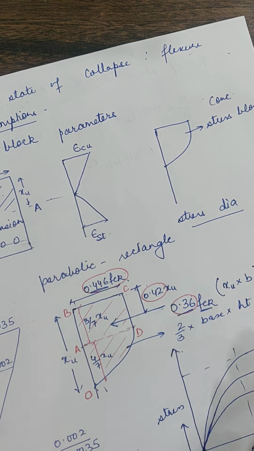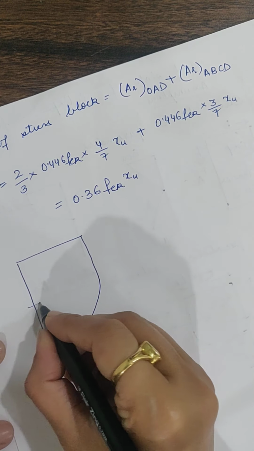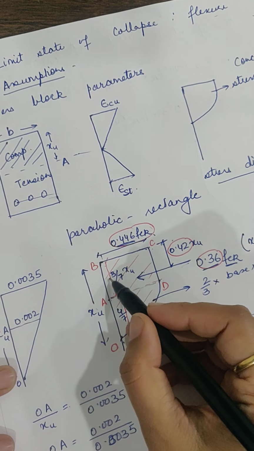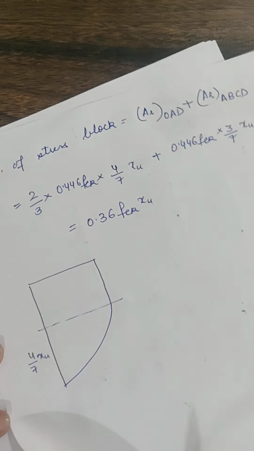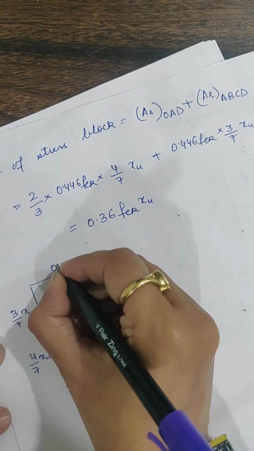Again, in order to do that, I know I have a parabola followed by a rectangle. I know the depth of this parabola is 4 by 7 Xu. The depth of this rectangle is 3 by 7 Xu. This is 0.446 fck.